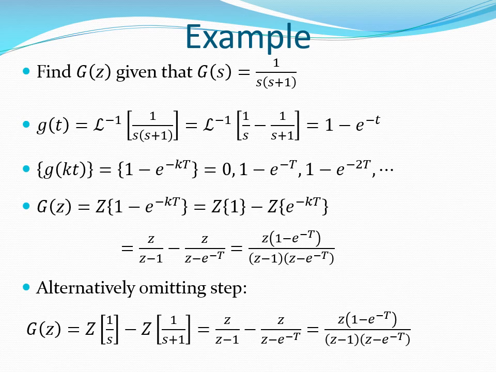So we partialize G(s) to get the partial fractions 1 over s and 1 over s plus 1. Then we refer to the tables to get the corresponding Z transforms for those partial fractions. We sum them up and we obtain G(z). We notice that the two answers are the same.